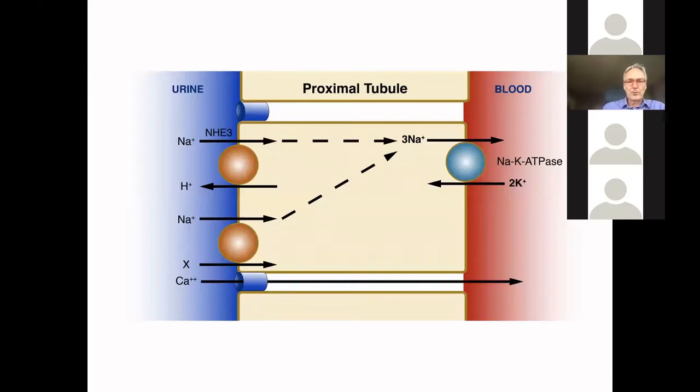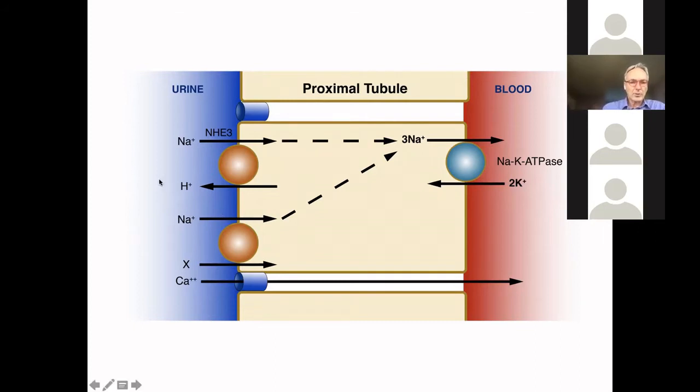So briefly to the physiology, again, the engine that drives it all is the basolateral sodium potassium ATPase, establishing the electrochemical gradient for sodium, which is then used, for instance, for sodium exchange here with hydrogen. And this is how you're reabsorbing bicarbonate, as I'm sure you're all familiar with, or for co-transport with sodium, for instance, sodium phosphate co-transport or sodium glucose co-transport.